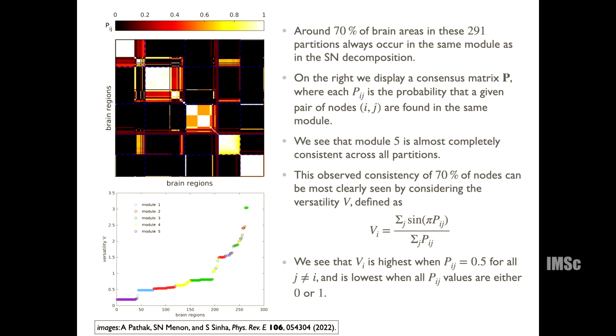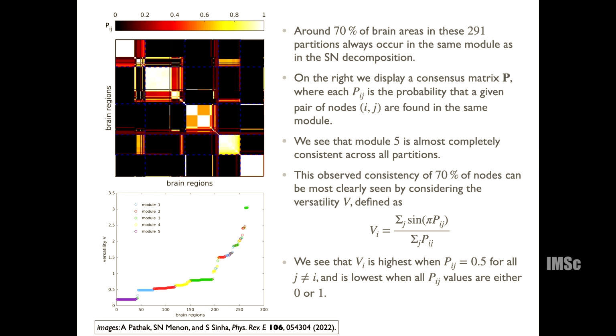So what we mentioned up here, 70% of the nodes have low versatility, which means that they are more or less occurring in the same partitioning again and again. And this is actually a very strong statement, because now we can say that everything we have said so far about the sensory modalities, somebody could argue, okay, but you just did this for a single partition, how can you be sure about this?